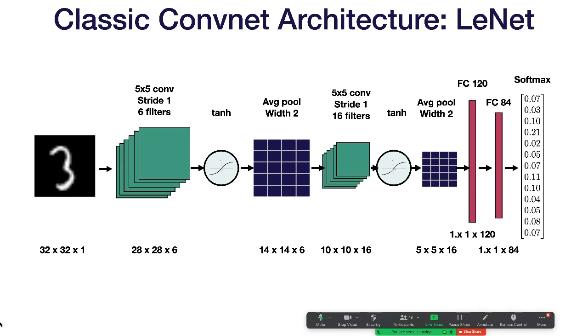You apply a tanh nonlinearity because those were more in fashion when this architecture was developed. You apply average pooling because average pooling was more in fashion when this architecture was developed. Then you apply a 5x5 convolution again, this time with 16 filters, another tanh, another average pooling, and then you pass through 2 fully connected layers to get to the output.